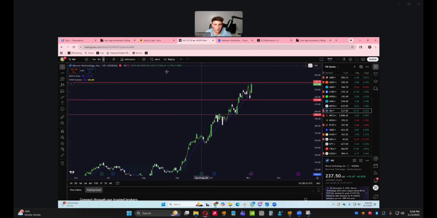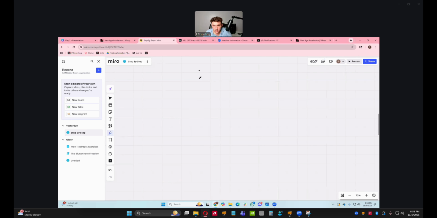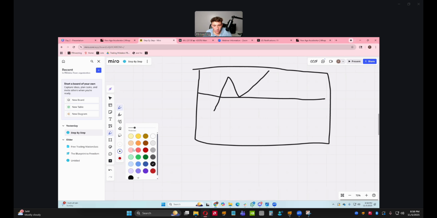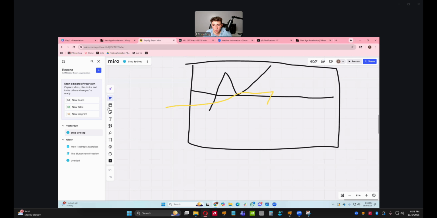So A plus is when VWAP and pre-market high line up. So for example, when you have a chart like this, say this is your pre-market high. Okay. And you have VWAP lined up with it. This is when it goes absolutely A plus.